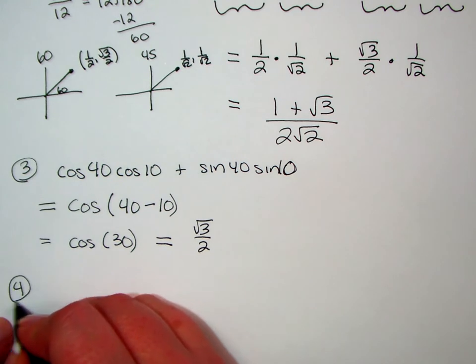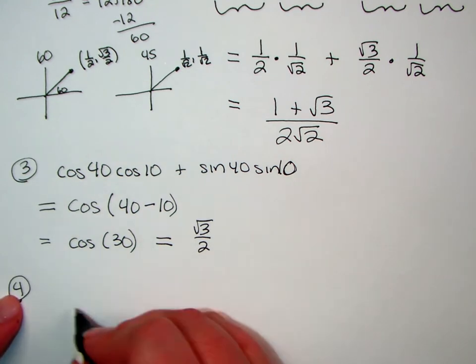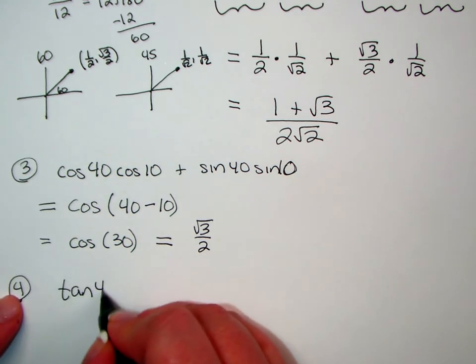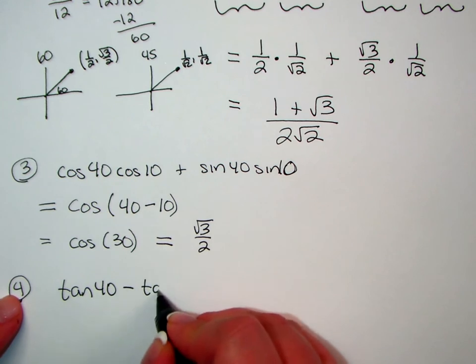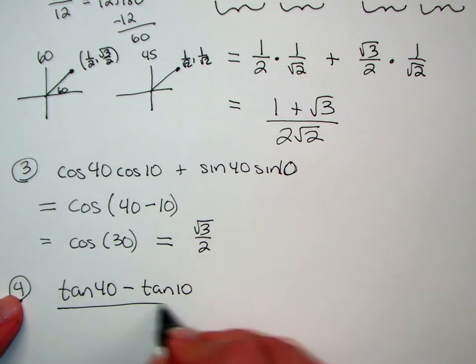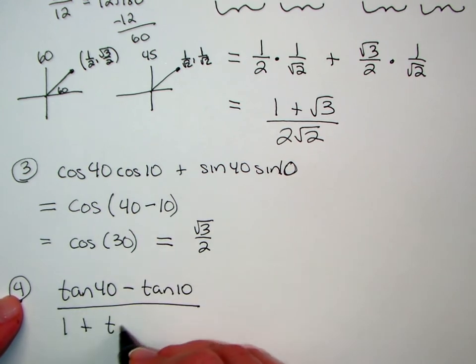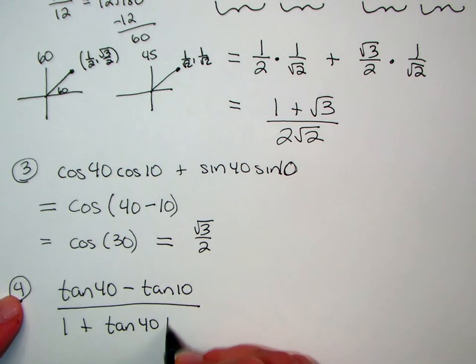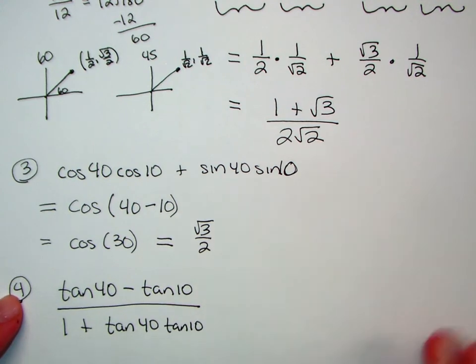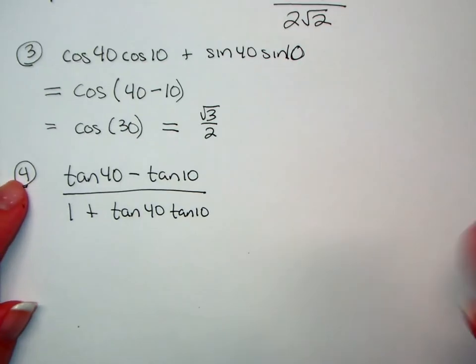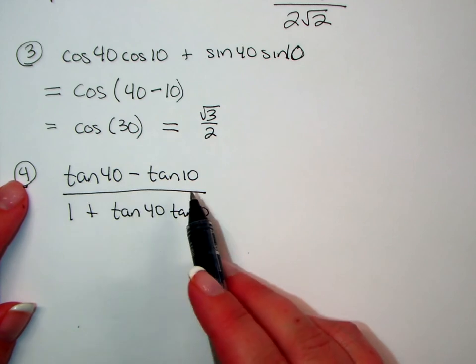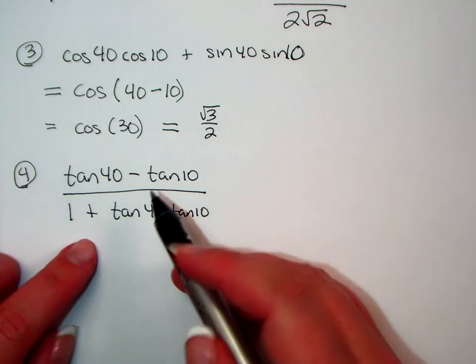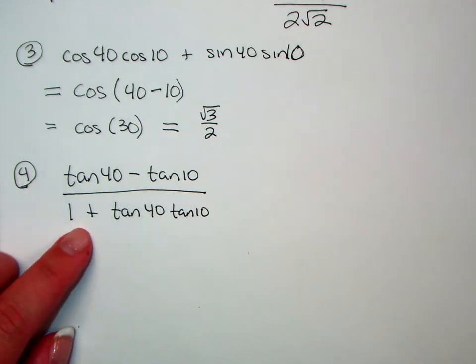All right, number 4, tan 40 minus tan 10 over 1 plus tan 40 tan 10. Right, so obviously this is a tangent formula, right? 40 is the first, 10 is the second, and so is this the difference formula or is it the sum formula?